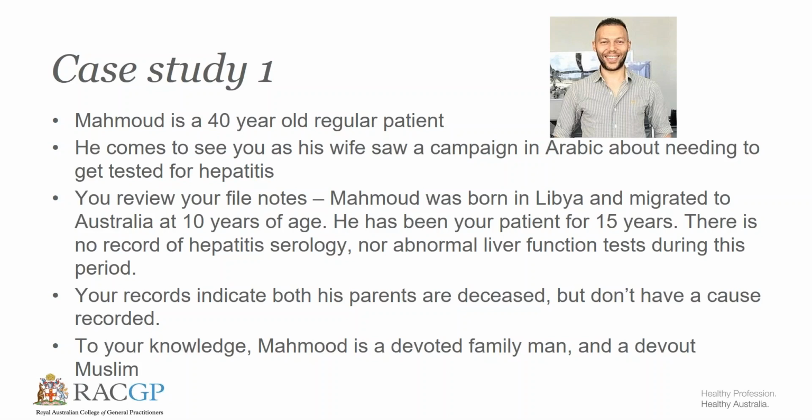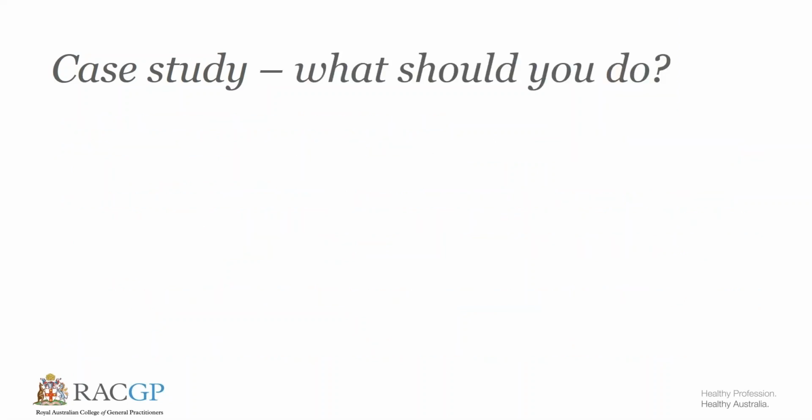You don't have any records of ever testing him for hepatitis, and he's not had any abnormal liver function tests during this period. Your records indicate both his parents are deceased, but you don't have a cause of death recorded. And to your knowledge, Mahmoud's a devoted family man and a devout Muslim. So, what should you do?